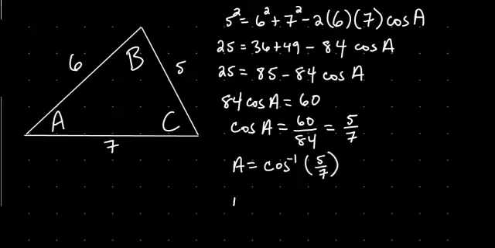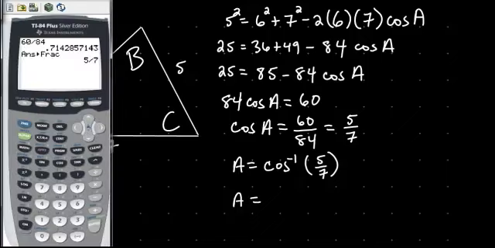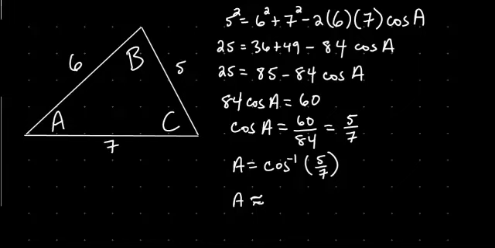So second cosine 5 divided by 7. I'm going to assume that's degrees. It's going to be 44.4153, so let's say approximately 44.4153 degrees.